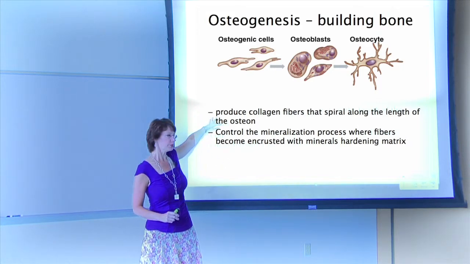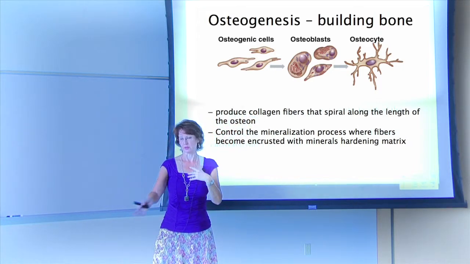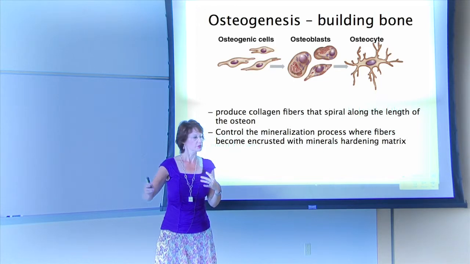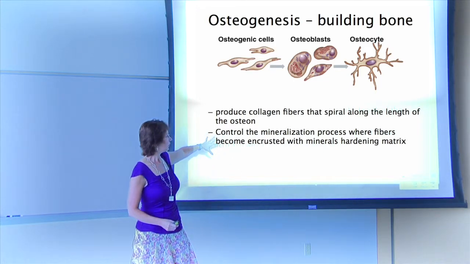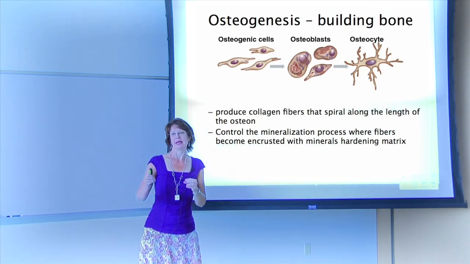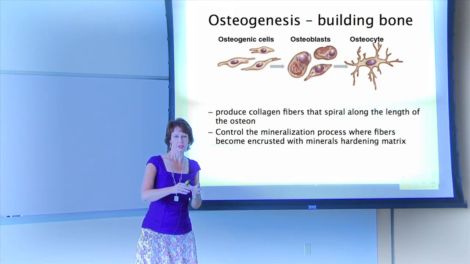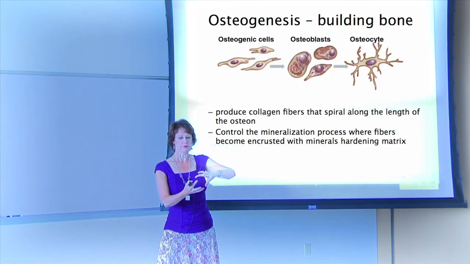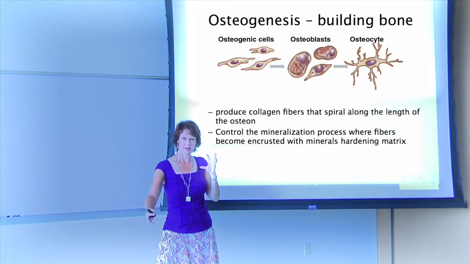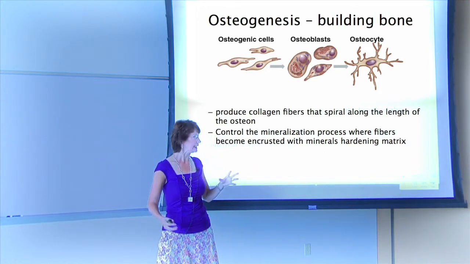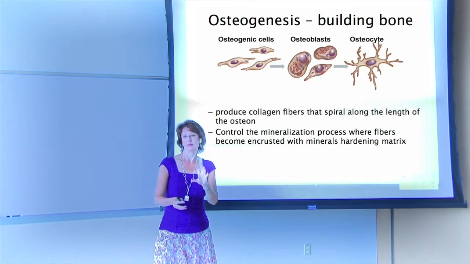So they're capable of producing the collagen fibers, so they make a lot of that collagen that's found in the matrix. They're also important in that they control that calcium phosphate mineralization.